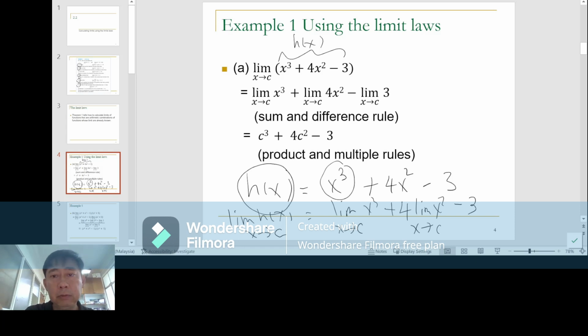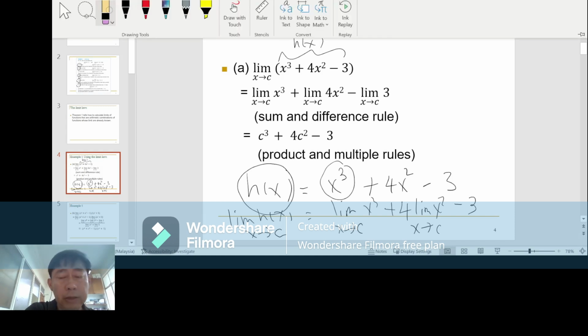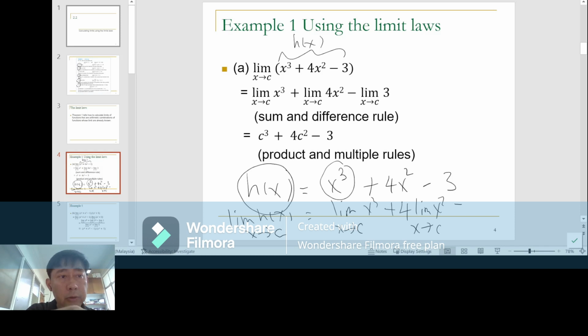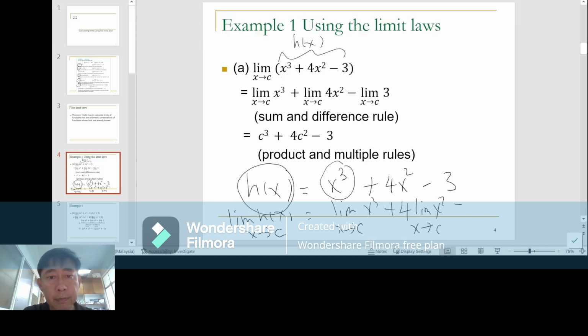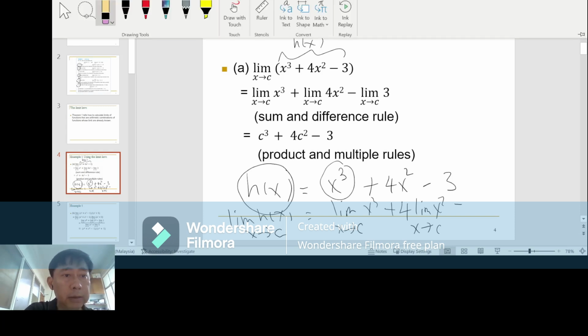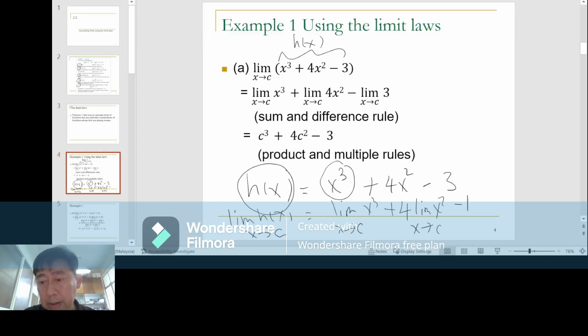Well, let me be more careful. Okay, so let me write this one. So this means minus 3. So this is the limit. I would write this as the limit of the function 3 when x tends towards c.